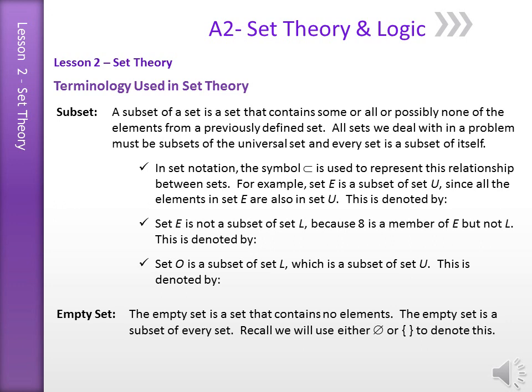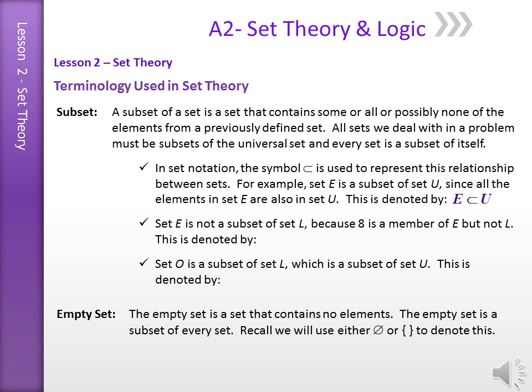In set notation, the symbol for is a subset of, which looks like a sideways U, is used to represent this relationship between sets. For example, set E is a subset of set U, since all the elements in set E are also in set U. This is denoted by E is a subset of U.